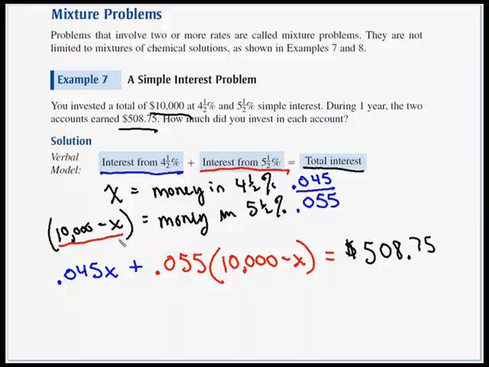And now it's just solving for x. You know, for now, this 0.045x will not change. Plus, distribute the 0.055. So 0.055 times 10 grand is 550.